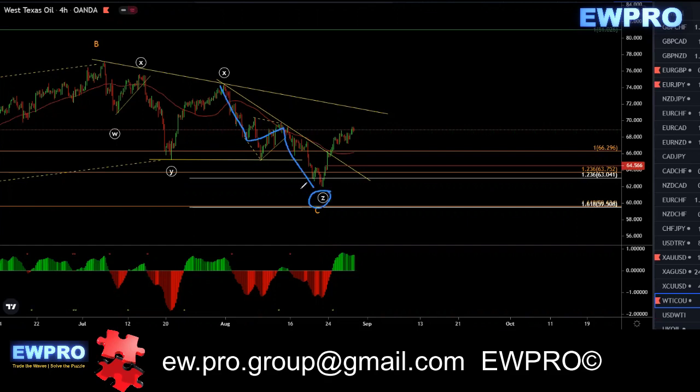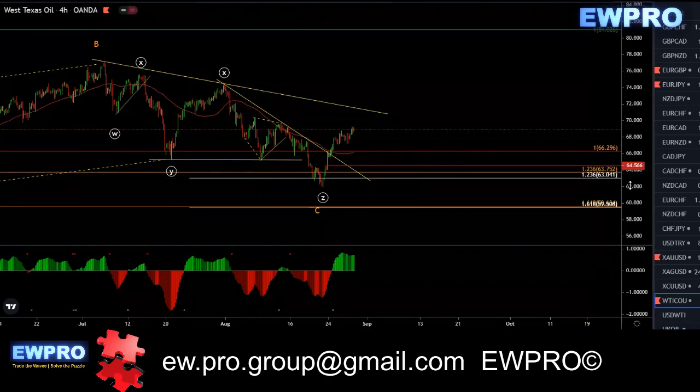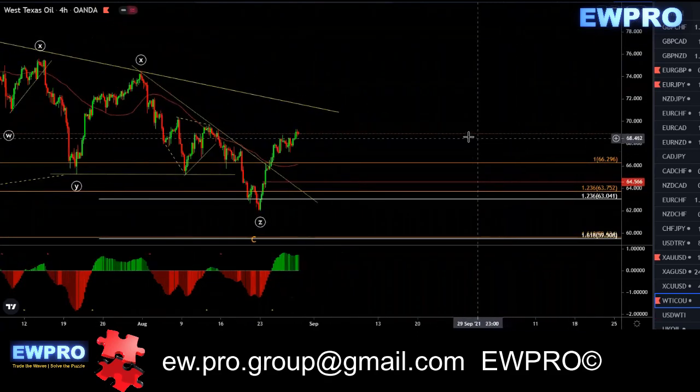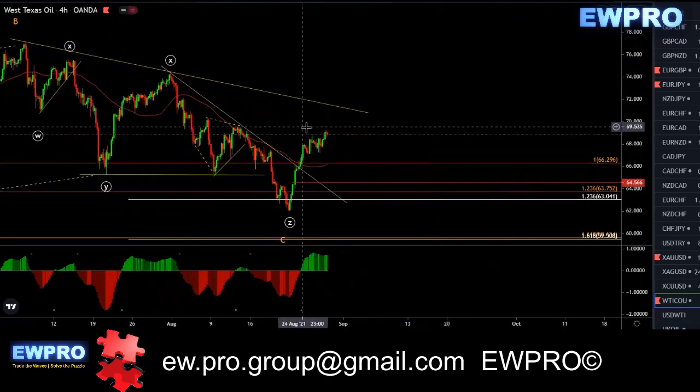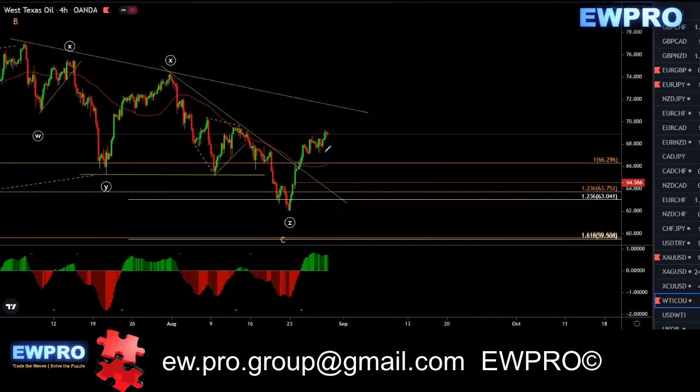So more than likely this isn't a wave Z. It was just a WXY, then an A, B, C as a larger correction before we get more downside. So you will have to be a little bit careful with the buys on this one, I think. Definitely you can take the buys because we do have more upside.